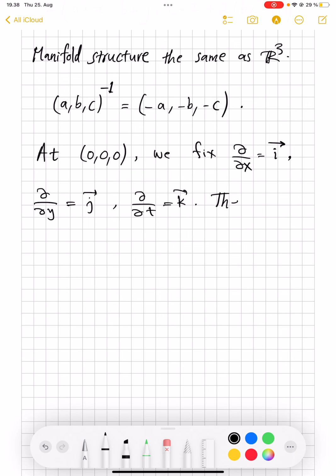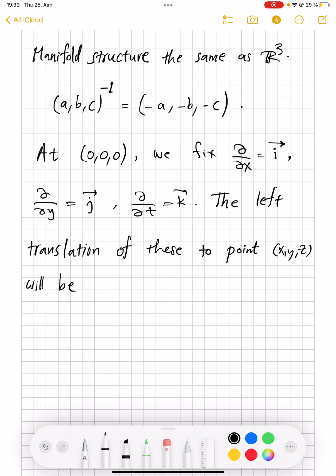The left translation of these to the point (x, y, z) will be, so if we transfer these vectors using left multiplication, that means we respect the group translation, we have no choice but to just see what those vectors will be.